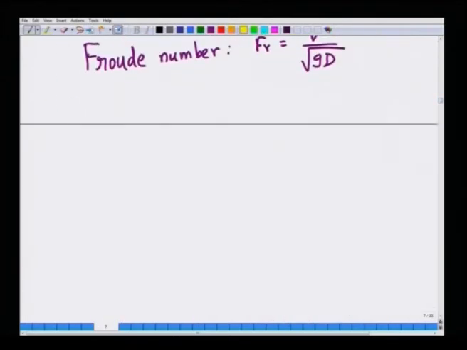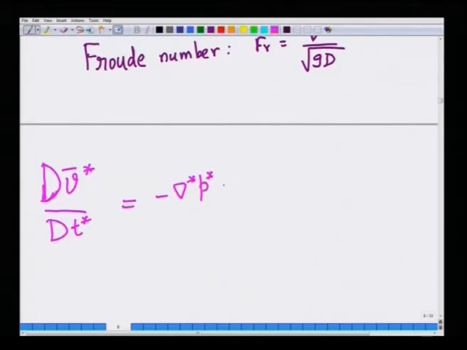So, we can write the non-dimensional Navier-Stokes equation as dV star by dt star is equal to minus del star p star plus, let us first write the viscous term, 1 over Reynolds number times del star squared V star plus 1 over Froude number squared times the acceleration due to gravity vector.